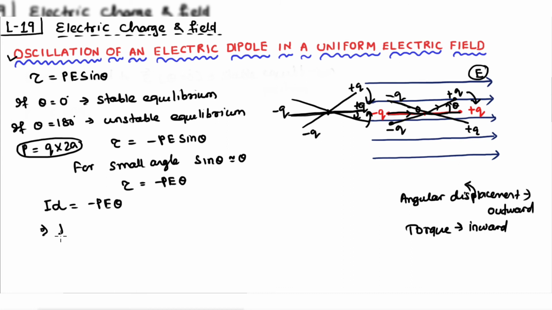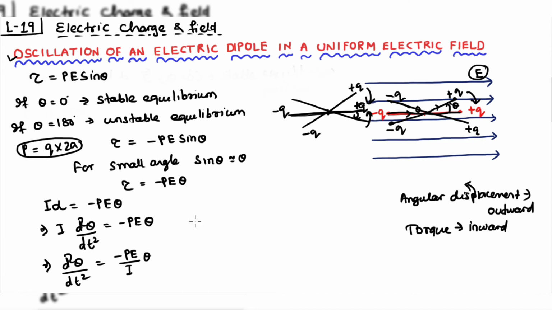The expression for alpha is d square theta by dt square, the second derivative of angular displacement. So I into d square theta by dt square is equal to minus pE theta. That implies d square theta by dt square is equal to minus pE divided by I into theta.